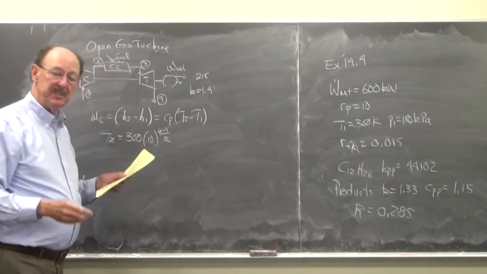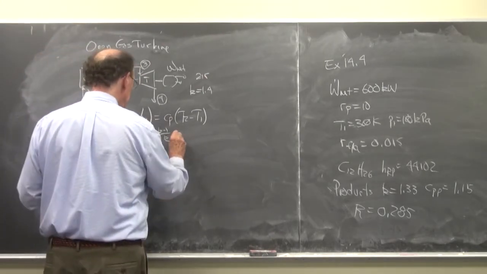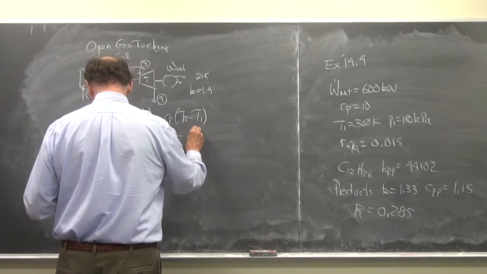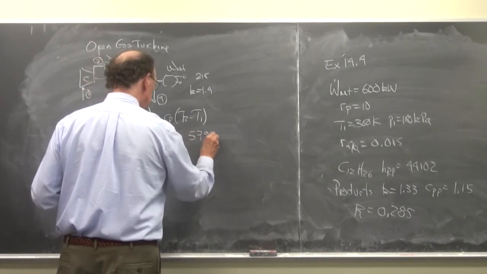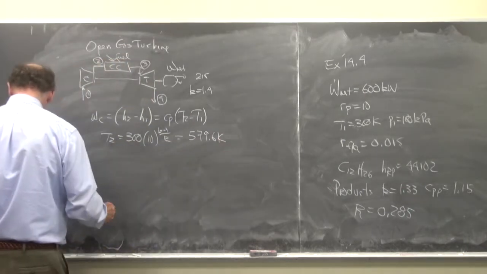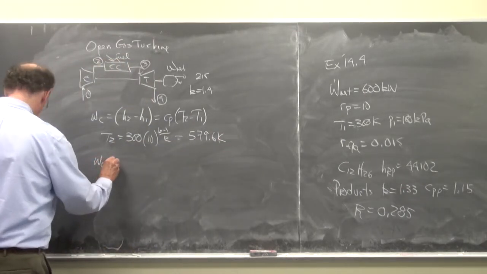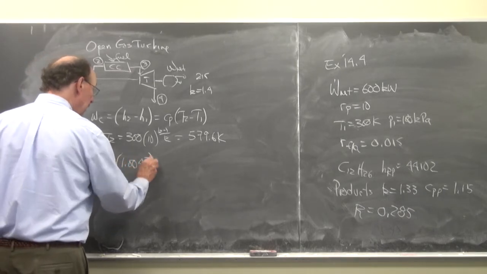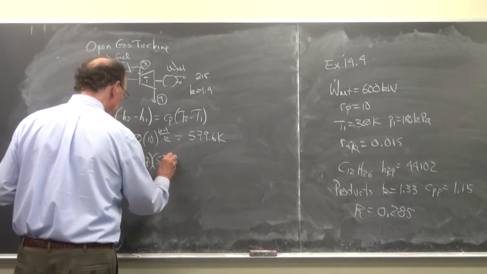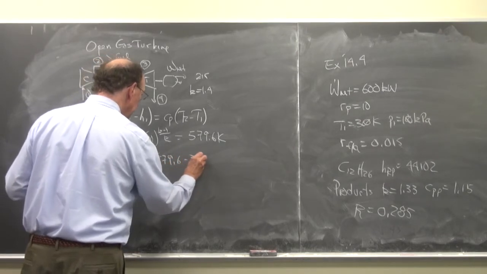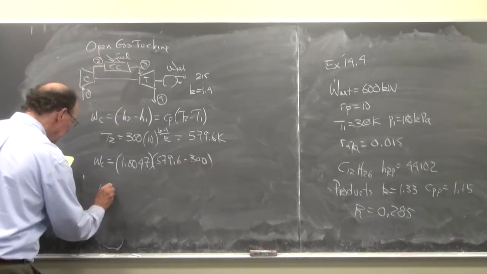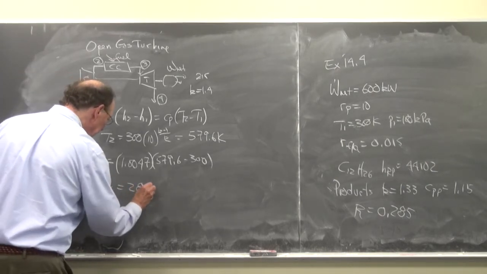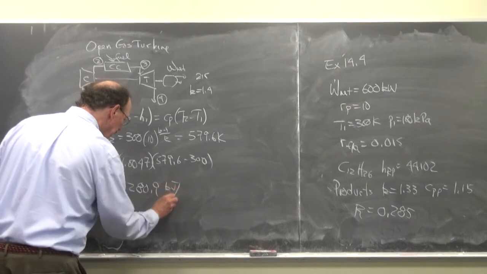So for air, which is in the compressor, we get that T2 is equal to 579.6 K. WC is equal to C sub P, 1.0047, times (579.6 minus 300). We have WC is equal to 280.9 kilojoules per kilogram.